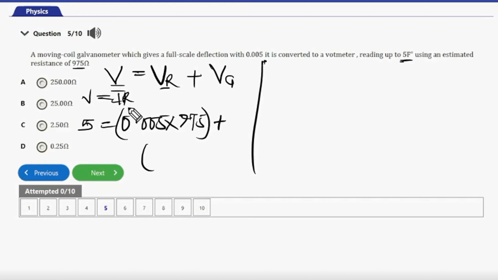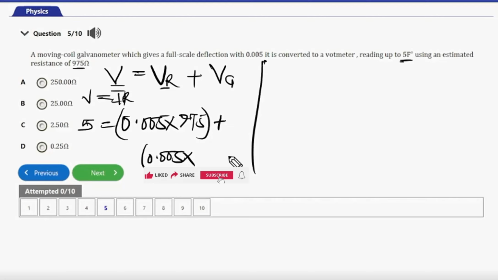That's V for G. Now it's the current times the resistance of the galvanometer. So we have 0.005 times the resistance of the galvanometer. Actually, here is not given, and that's what we are looking for.